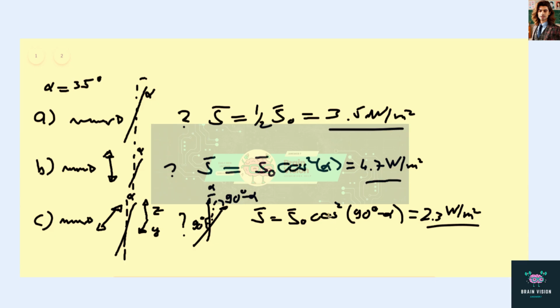And just to clarify what's happening in the last part: the reason that I'm using cosine squared as opposed to sine squared is because I found what angle the axis of the polarized light makes with the axis of the polarization, and so I can rotate through that angle towards the polarization axis.